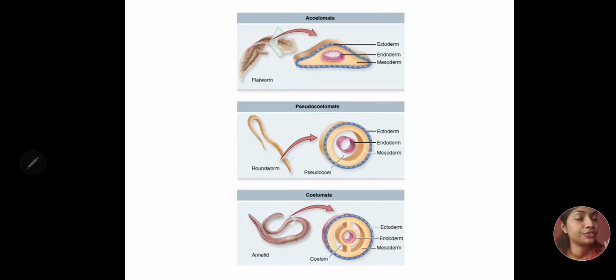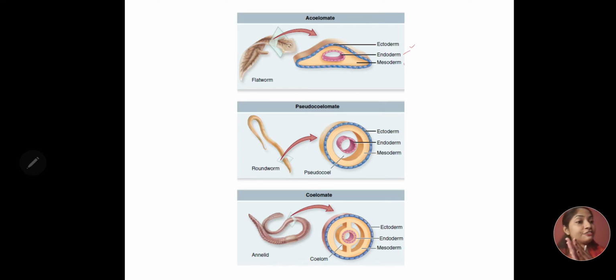In the case of a flatworm, say for example planaria, you have three layers: ectoderm, endoderm, and mesoderm. Similarly, in roundworms, like the phylum Aschelminthes, again three layers are present. And in phylum Annelida, examples include earthworm, there also we have three layers: ectoderm, endoderm, mesoderm, making it essentially triploblastic.